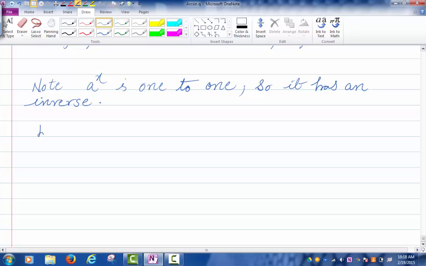Okay, so now what's the inverse? I'm going to denote the inverse by the following: log base a of x. And that's the notation for the inverse of a to the x, period.